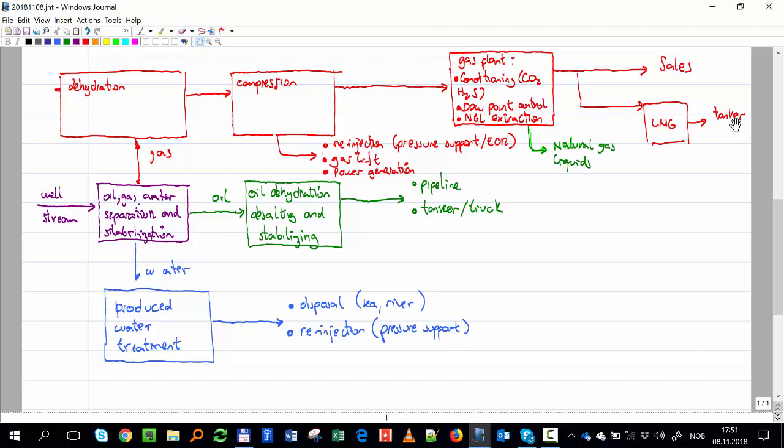Second square, on the gas power generation. In that part, power generation is for the facilities, for the field. Here I'm mixing a bit, but you have the same process offshore and onshore.